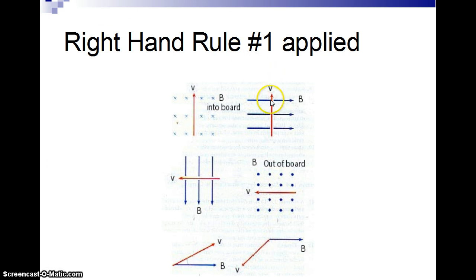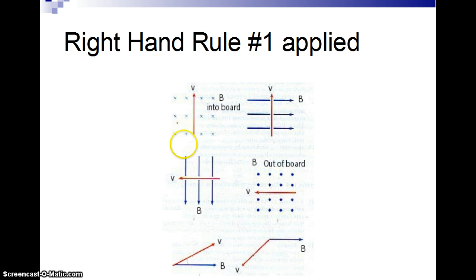Then for the second one, your index finger points up. Now you're going to have to rotate your hand in such a way that you're not breaking your wrist, but then your other 3 fingers point to the right. The only way to do that is to have your thumb point toward the front of the room, into the screen.